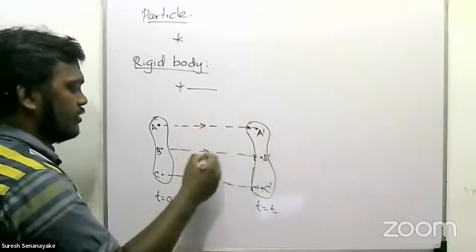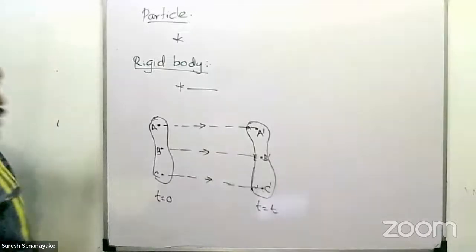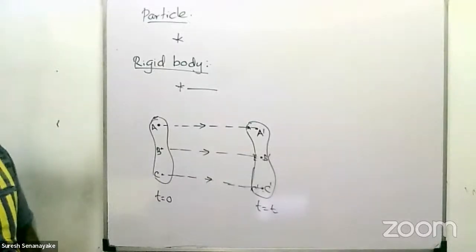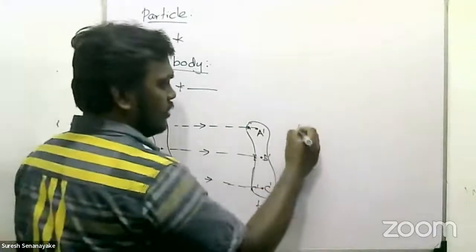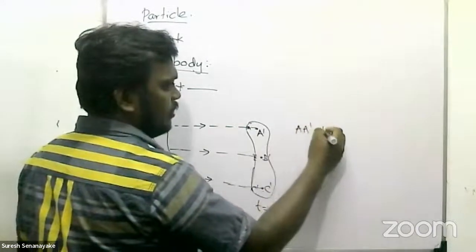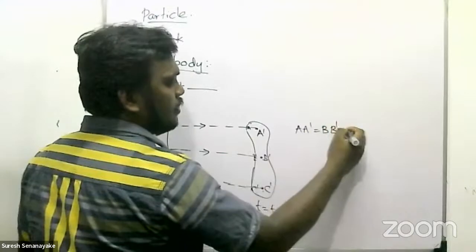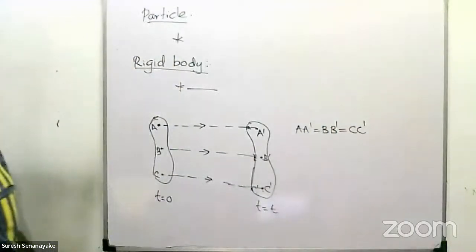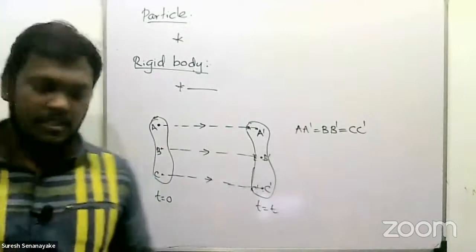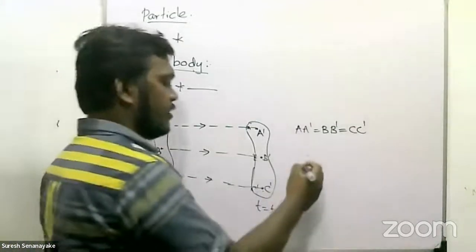They're moving like this. During this motion, all these points move the same distance. A A dash equals B B dash equals C C dash. So that motion you can tell is a translatory motion.